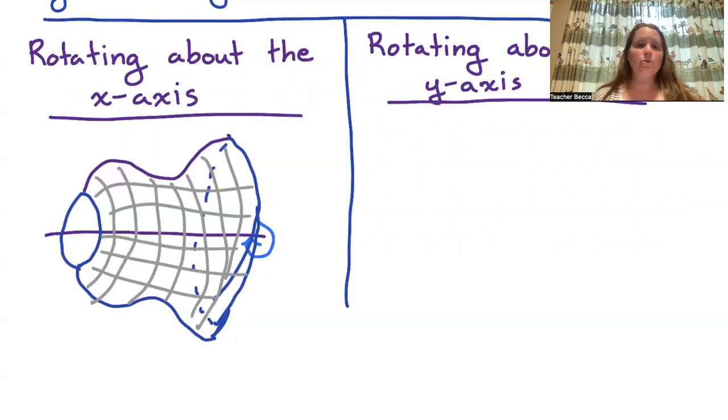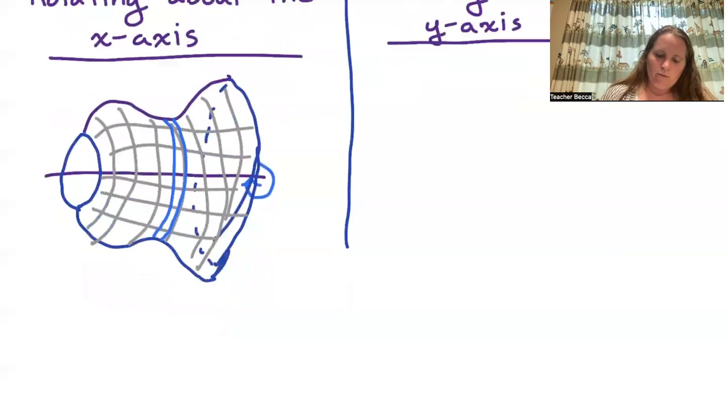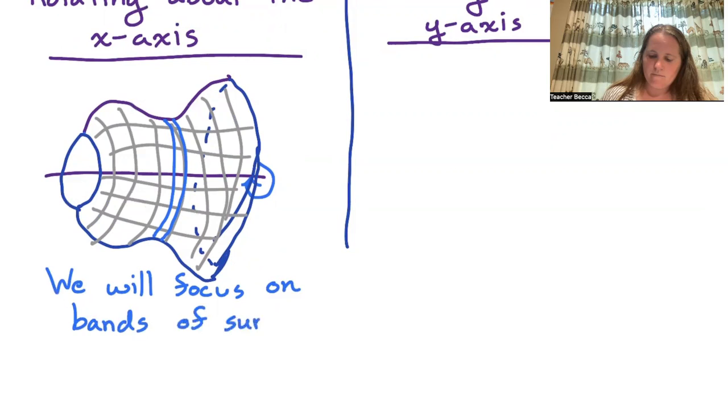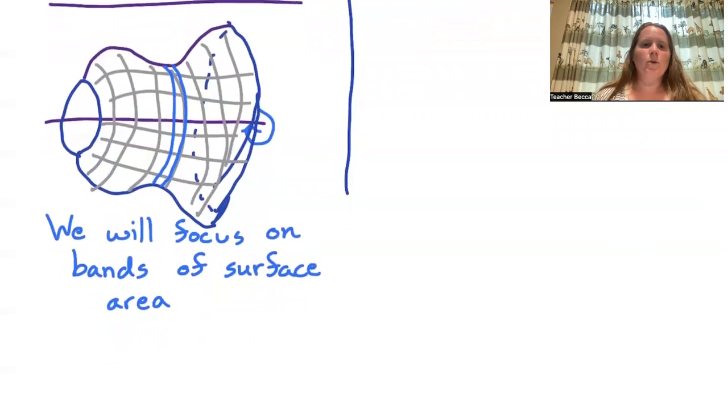So the general idea for how we go about finding this surface area, we will focus on little slivers of surface area, which are essentially bands that go all the way around, at one X value or a little interval of X values. So we will focus on bands of surface area. What we will do is take the little secant line and sweep it around.